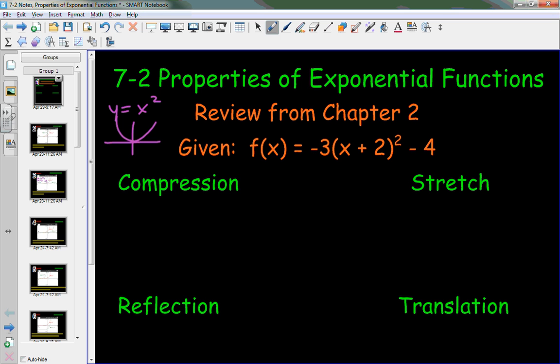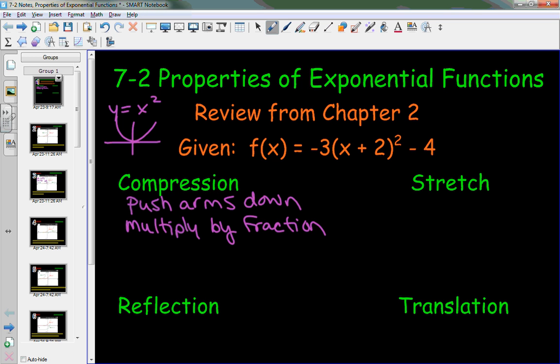Y'all with me on that? So it's pressure, it's going down. So you push the arms down, and that means that mathematically, when you have a compression, you're actually multiplying by a fraction.